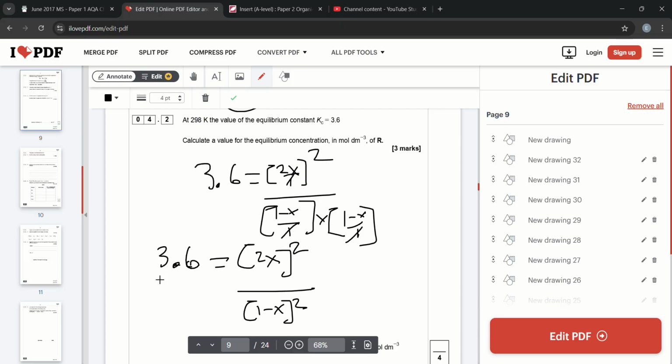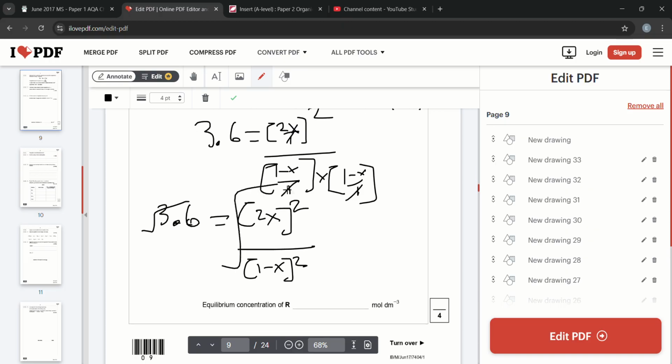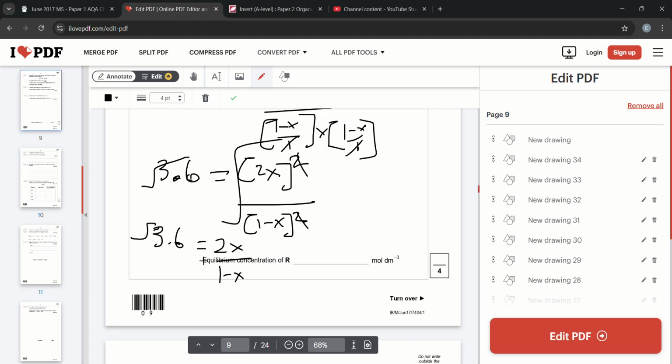And now we can square root both sides. So we get root 3.6 equals 2X over 1 minus X, because the root will just get rid of the square terms. Therefore, multiplying by 1 minus X, we get root 3.6 bracket 1 minus X equals 2X.